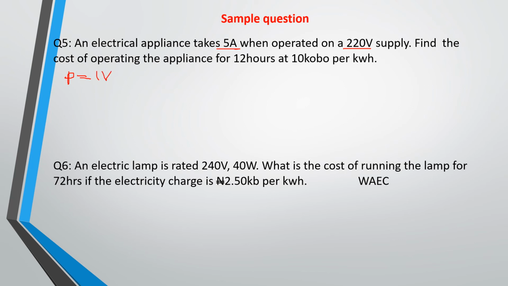Okay, so your power, if you substitute that, is 5 times 220 volts. Now energy consumed is equal to power times time. So this will be equal to 5 times 220 times the time, and the time here is 12 hours.